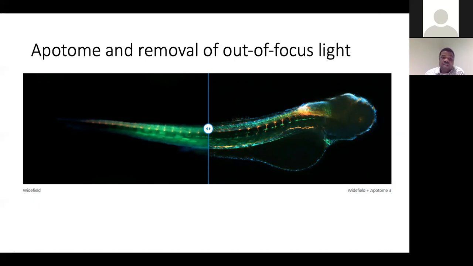So in cases where your sample is very thin, close to the surface, and you want to get a high quality image, but you don't want to run through the confocal, here is a good example of using the Apotome mode, which can help to remove that scattering and make it better. Two of the systems, the HCBI Axial Zoom and the Lyra, have the Apotome that you can use in your imaging.